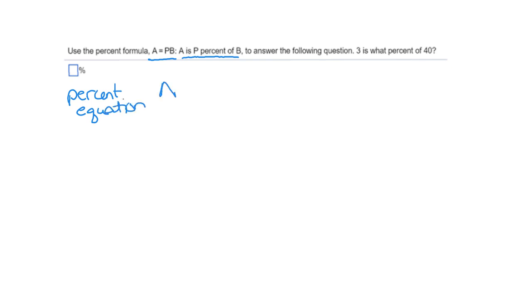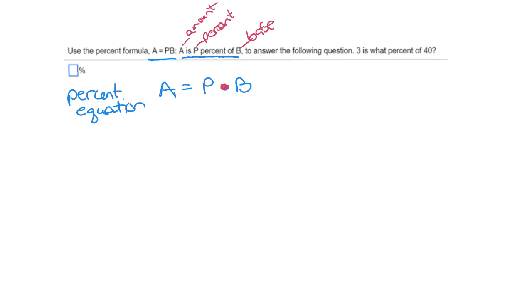A is equal to P, which is the percent, times B, which is the base. P is the percent, and A is the amount. You can think of the P and B together as peanut butter. So PB is P times B to answer the question.